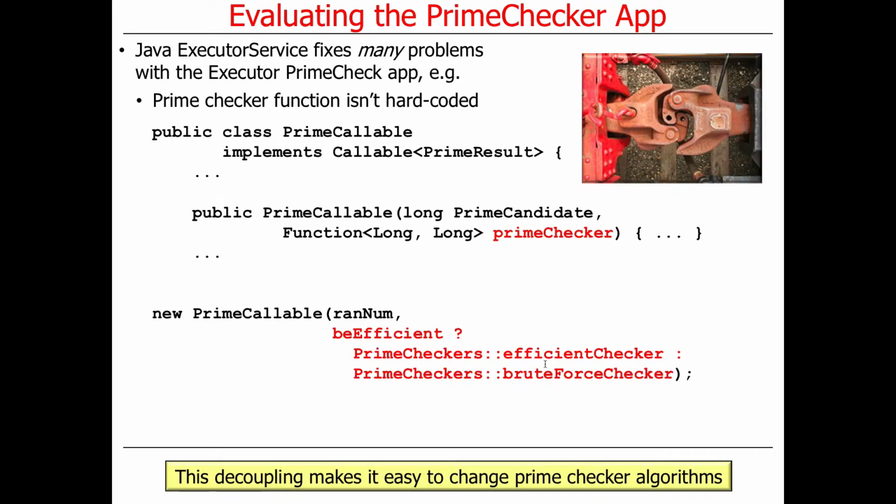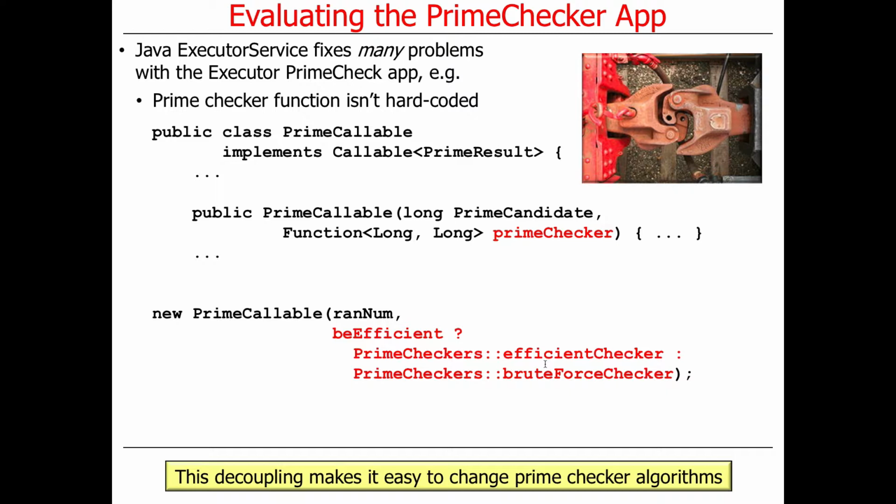So one nice thing is, unlike the original code, we don't hard code the PrimeChecker function. Before, the PrimeChecker was hard coded. So if you wanted to make any changes, you had to go in there with an X-Acto knife and perform surgery on the code. This time, we pass in the PrimeChecker as a function. And that allows us to do stuff like this. If we want to use the efficient PrimeChecker, we can use one implementation.